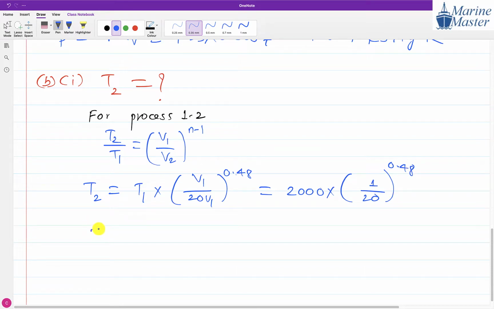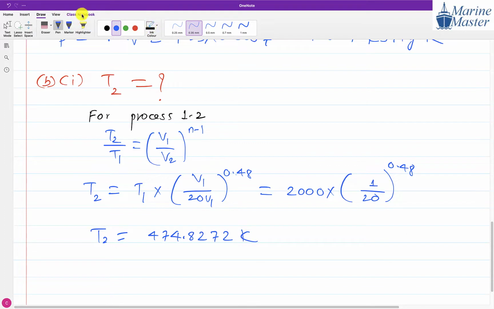If you do the calculation, how much value of T2 will we get? Try to do the calculation. Raised to the power 0.48, we are getting 474.8272 Kelvin.